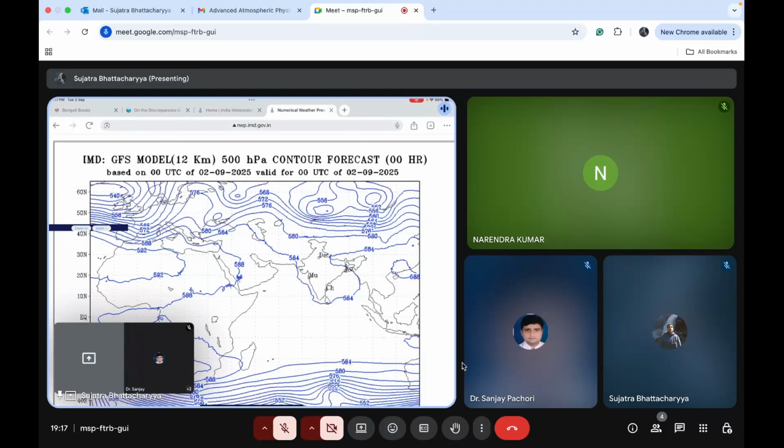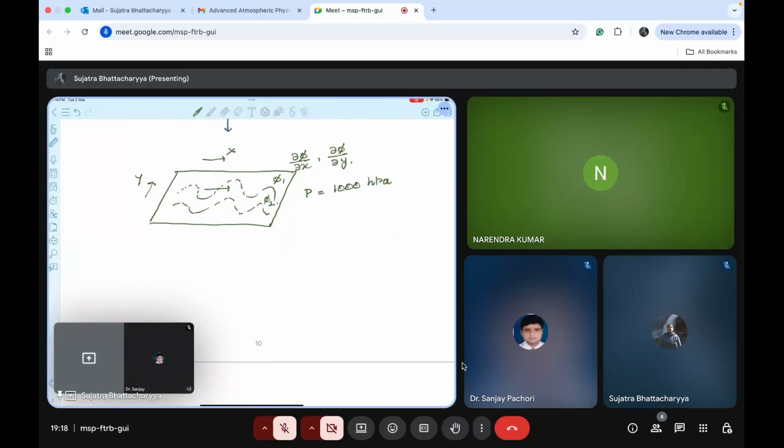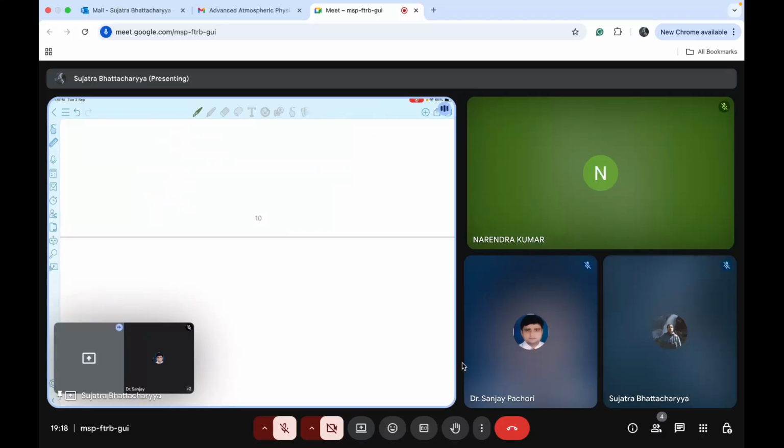So this is the difference between the x, y, z coordinate and x, y, p, t coordinate. Any question on this? If not, we can move on. So this is a simple pressure coordinate conversion.